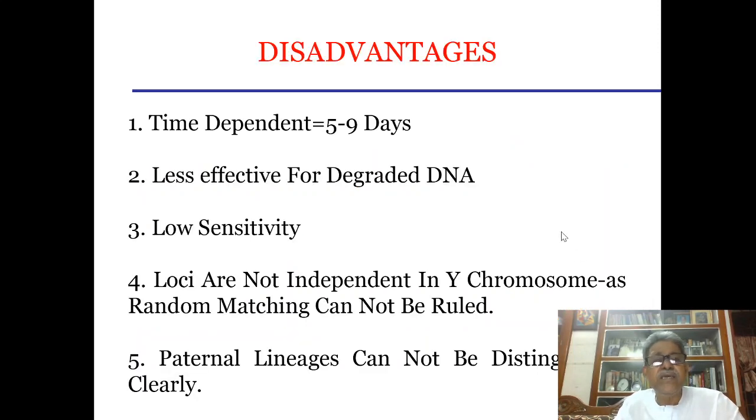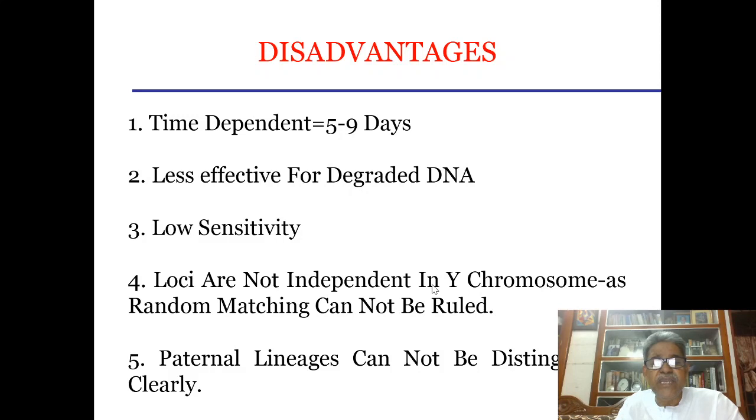Now, not only are there advantages, there are also different types of disadvantages. But these disadvantages are not very important. Exactly, it is time dependent, 5 to 9 days, less effective for degraded DNA, and has low sensitivity for other DNA.